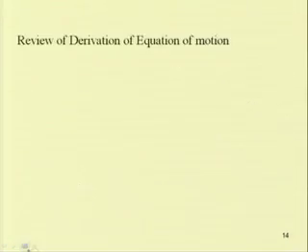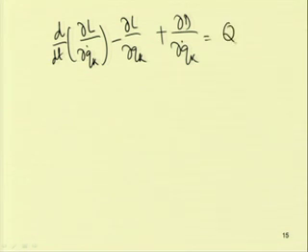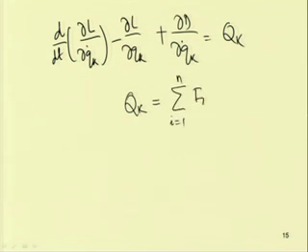Similarly, in case of Lagrange principle, we can write the equation of motion in this form: d by dt of del L by del q k dot, minus del L by del q k, plus, if damping is present in the system, del D by del q k dot, equal to Q k. Here Q k, the generalized force, is written as summation i equal to 1 to n of F i dot del r i by del q k.